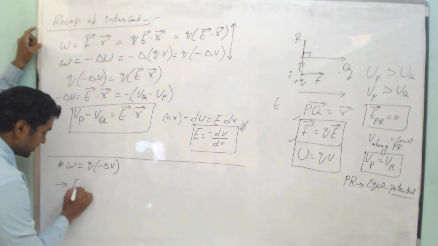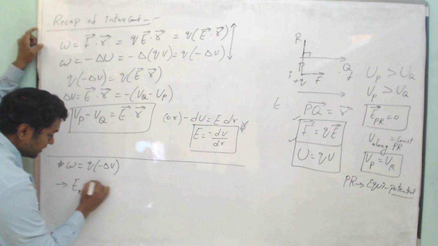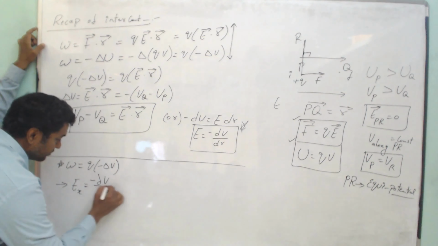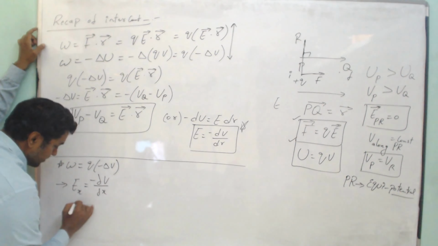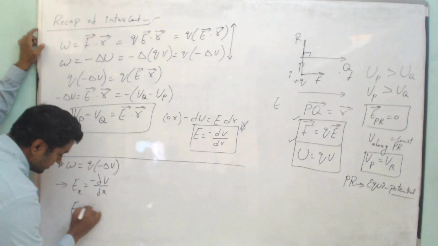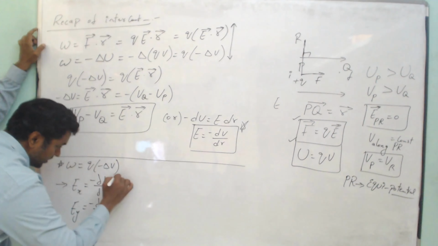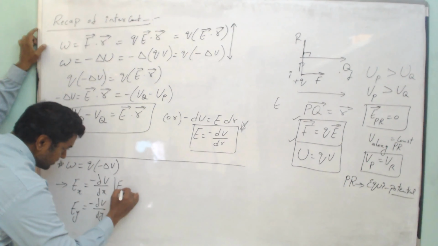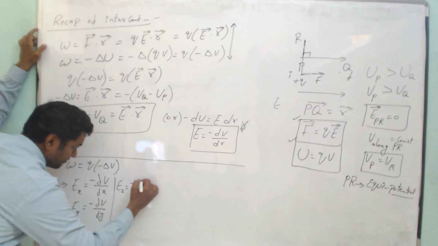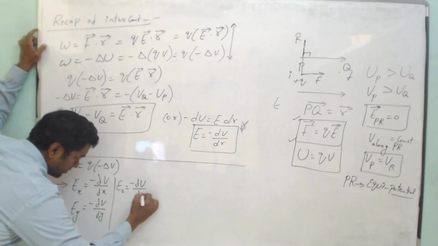Specifically, Ex is minus dou V by dou X, Ey is minus dou V by dou Y, and Ez is minus dou V by dou Z.